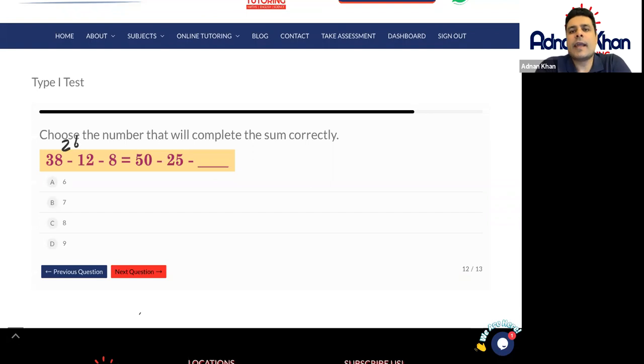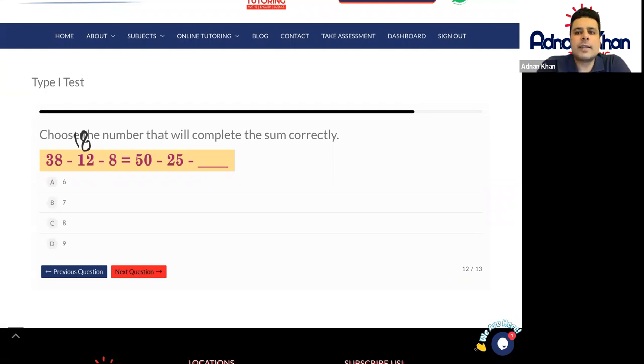Yeah, and then take away 8 from there. 26 take away 8. The answer would be 18. That's pretty good. Well done. So 38 take away 12 is 26. 26 take away 8 is 18.